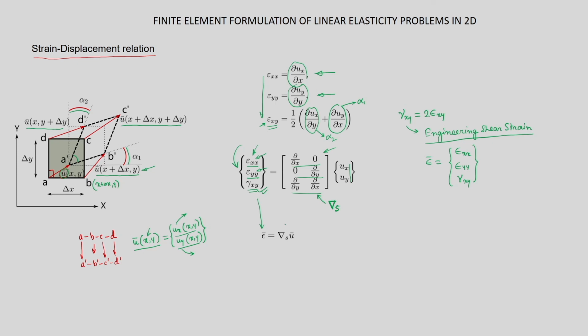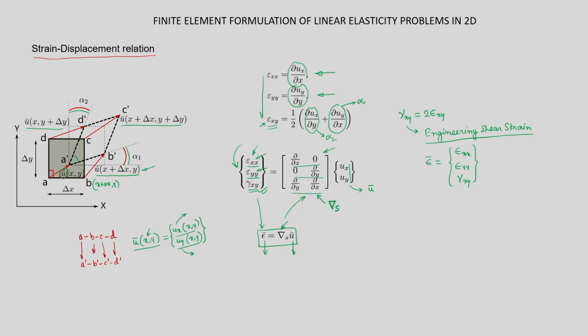It is denoted by this suffix s, so del s into u bar. This vector we are denoting as u bar. Finally we get this relation, epsilon bar is equal to del s u bar. So strain has 3 components, displacement has 2 components, and the symmetric gradient operator looks like this.